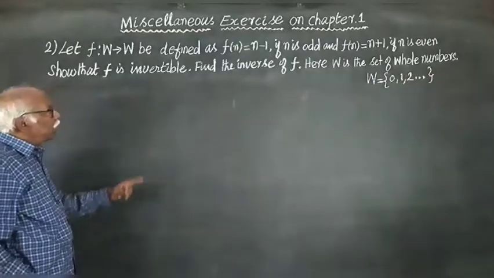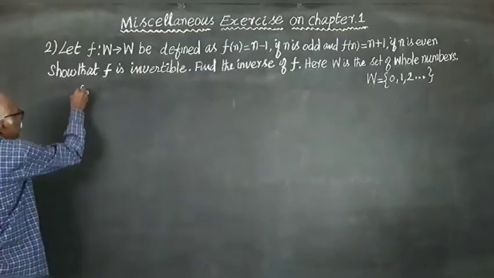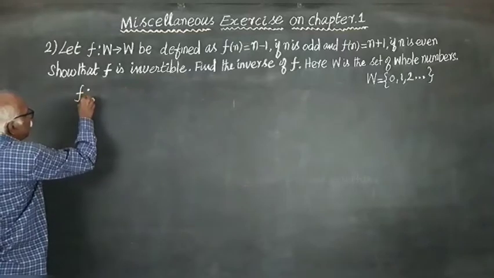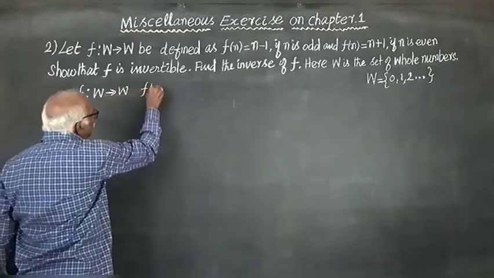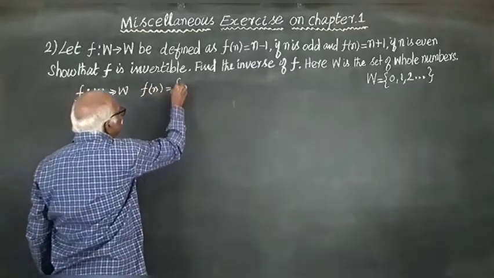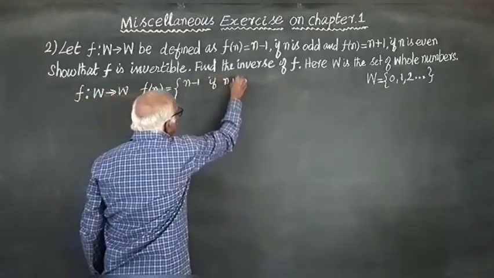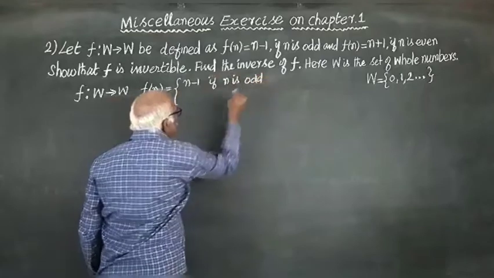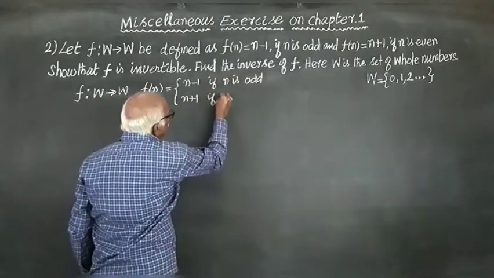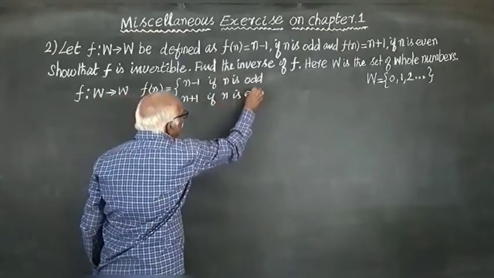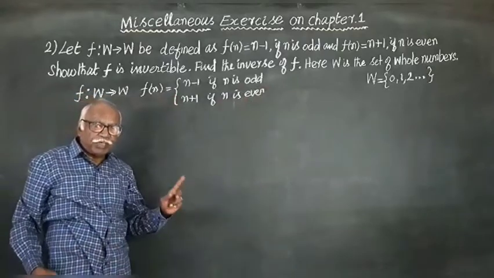Now, we have to prove that f is invertible. f is from W to W, f of n equal to n minus 1 if n is odd, n plus 1 if n is even. To prove that f is invertible, we have to show that f is a bijective function.